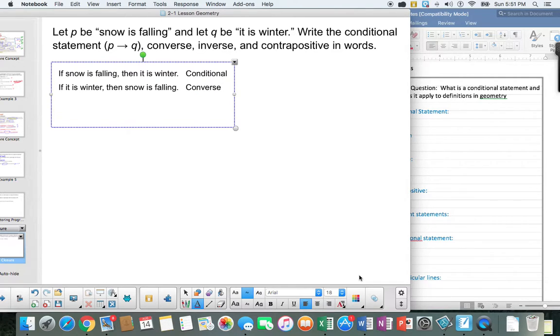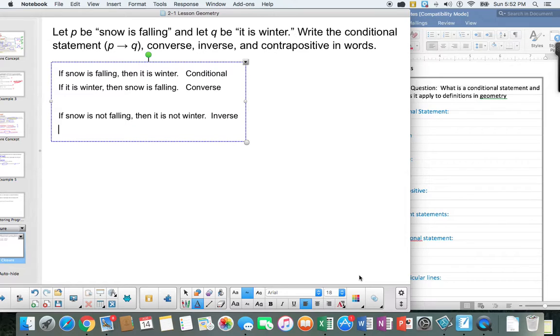Notice I switched locations. Okay, and then the inverse of the original, if snow is not falling, then it is not winter. And this is an example of an inverse.